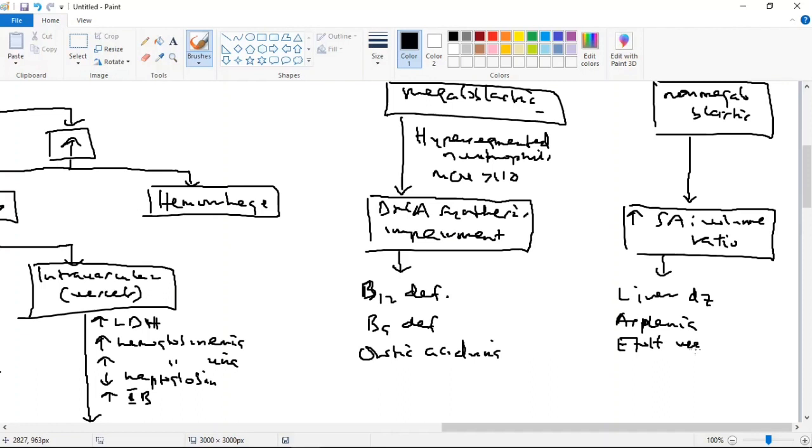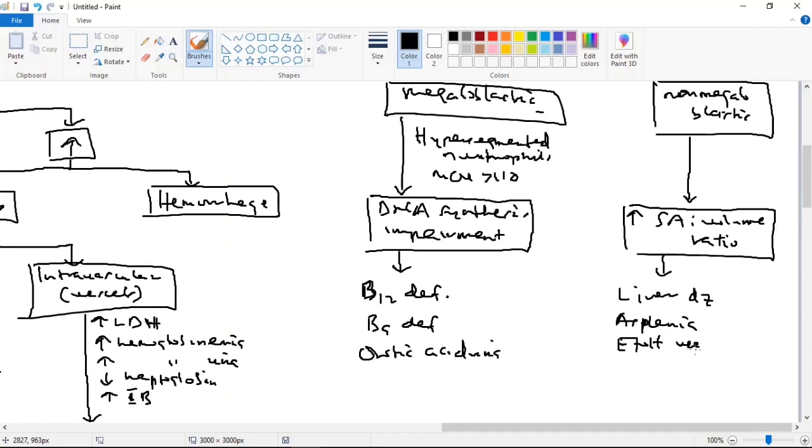In orotic aciduria, these people have a deficiency in an enzyme in the pyrimidine synthesis pathway, the pathway that makes CTP, TTP, UTP.